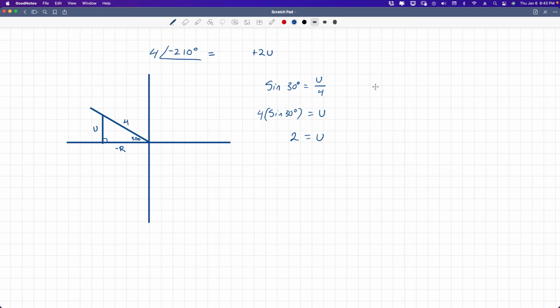So now we're going to do the cosine of 30 to find r. Okay, so the cosine of 30 is equal to r over 4, and it's going to be a negative r over 4. So we multiply everything times 4, both sides, so that's 4 times the cosine of 30 equals negative r, right? So let's pull that up.